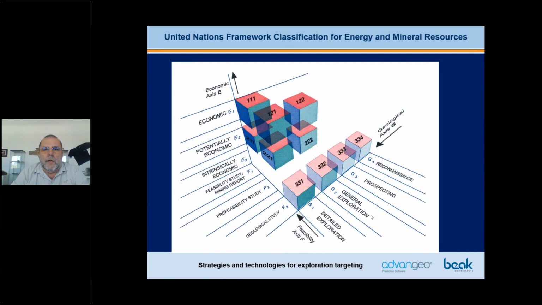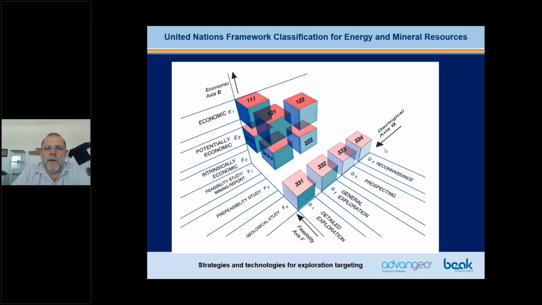So now a few words about the theory, the approach, the steps of prospecting and exploration according to the United Nations Framework Classification of Mineral Resources. We have three different axes on how to evaluate the value of a mineral occurrence. So we have the axis of geological knowledge: reconnaissance, prospecting, general exploration, detailed exploration.